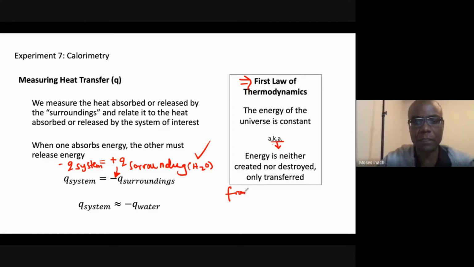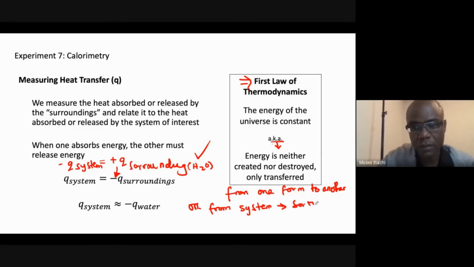Energy can be transferred from one form to another, or from system to surrounding. Or energy can be transferred from system to system, but that will be advanced for you.